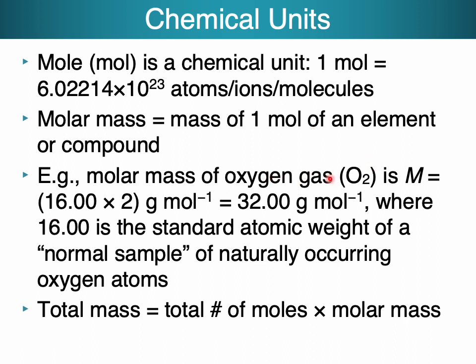So since oxygen gas is a dioxygen molecule with 2 oxygen atoms, the molar mass of oxygen gas, which means the mass of 1 mole of oxygen gas, would be 16 times 2 grams per mole, which means, of course, 32 grams per mole. All right. So again, this 16 is the standard atomic weight of a normal sample of naturally occurring oxygen atoms.